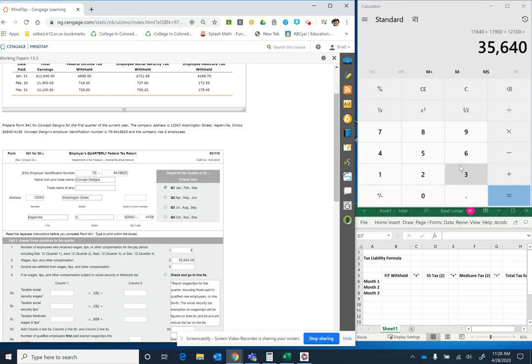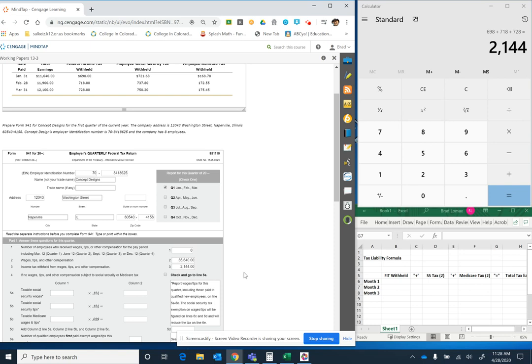So we're going to add January's, February's, and March's: 698 plus 718 plus 728 equals 2,144. And we'll record that on line 3, 2,144.